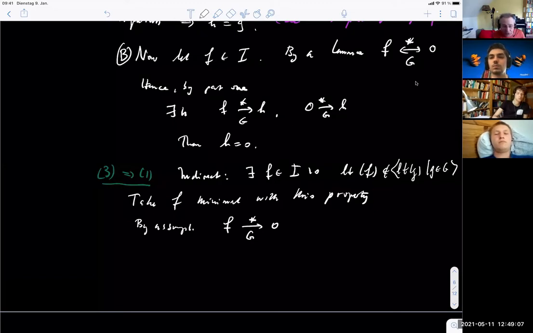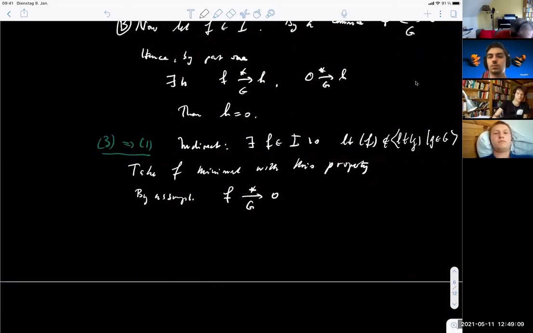If you have such a reduction, let's look at the first step of the reduction. There must be at least one step, because the step count cannot be 0 since F is not 0.